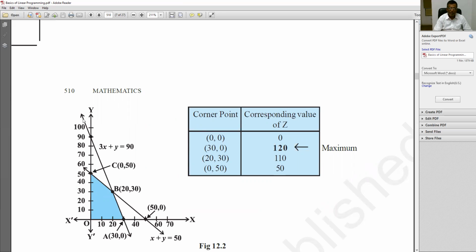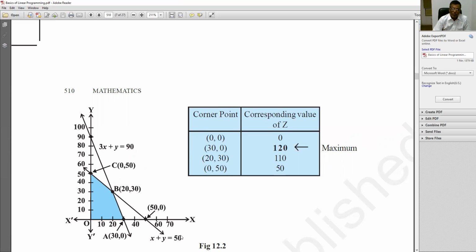Now, since this line and this line both are intersecting each other at the point B, for that you solve these equations, 3x plus y is equal to 90 and x plus y is equal to 50, just by the process of class 8, how you solve two equations.